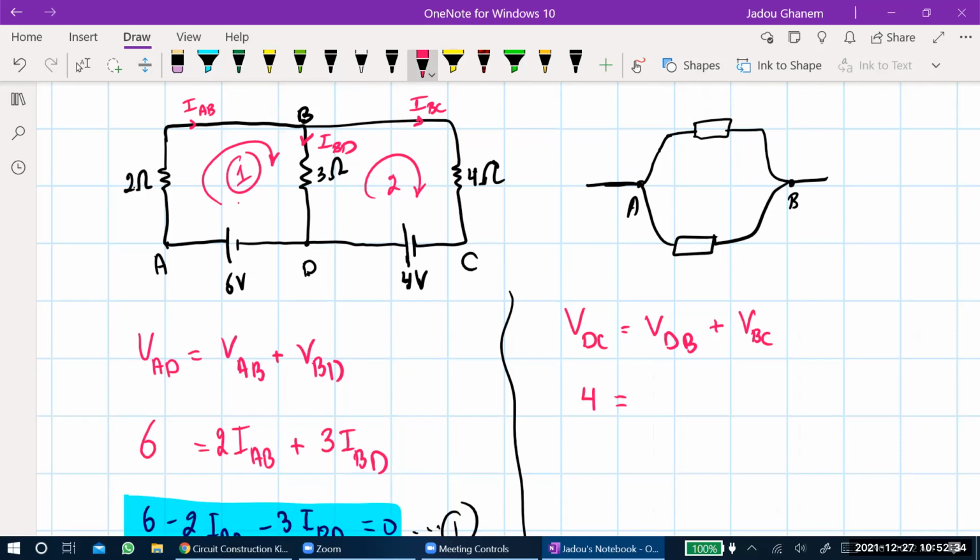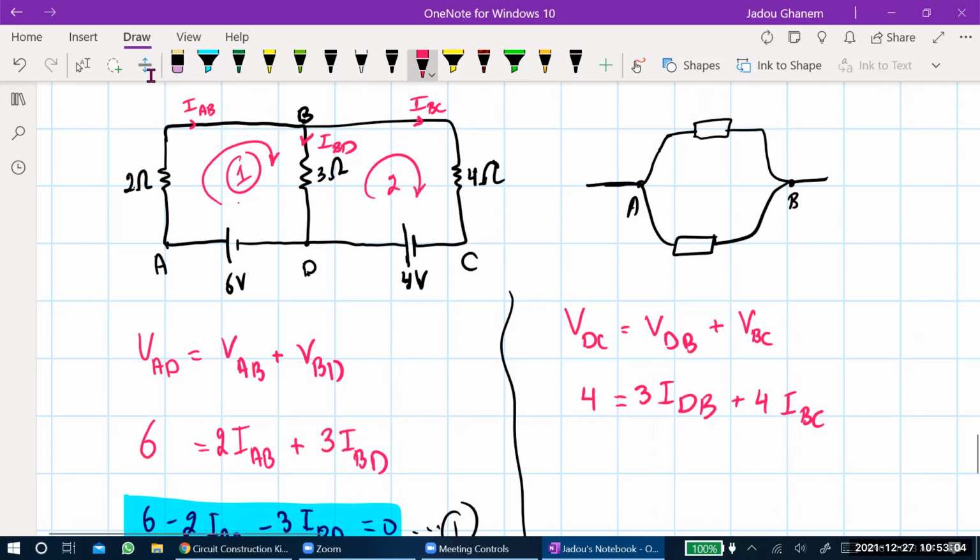Positive 4, since we start positive. Great. Then VDB is going to be 3 IDB. And then it's going to be 4 plus 4 IBC. Can you find any mistake before I tell you about it?